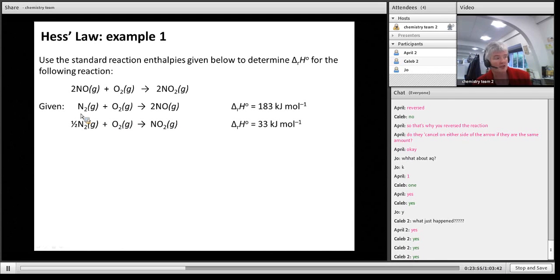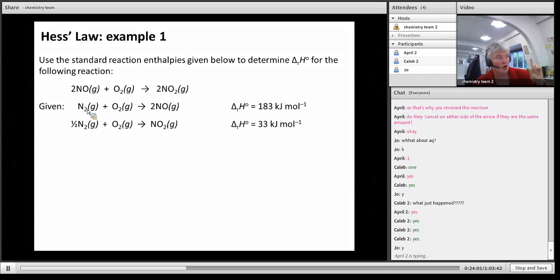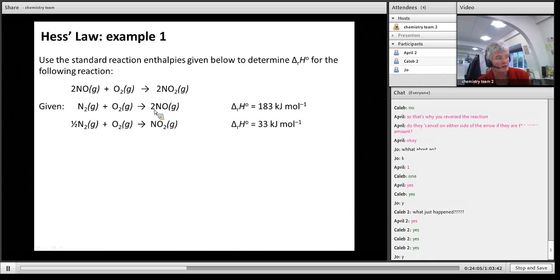N2 plus O2 goes to 2NO. Okay, remember a heat of combustion is one thing of that substance reacting with oxygen. Actually, it's not, sorry, it's my mistake.